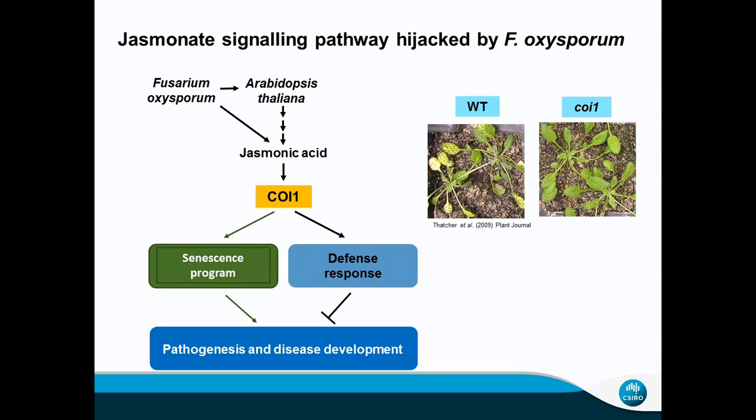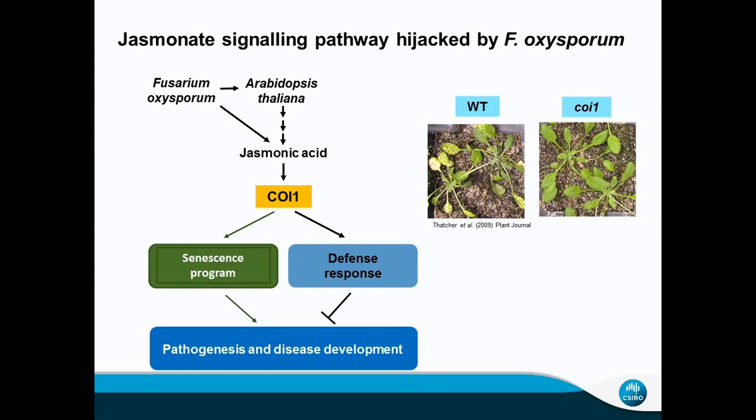So the idea behind this is that Fusarium oxysporum, by producing jasmonates and also by activating the plant's jasmonic acid pathway, activates these two downstream pathways. One of them activates senescence, which positively contributes to disease development.